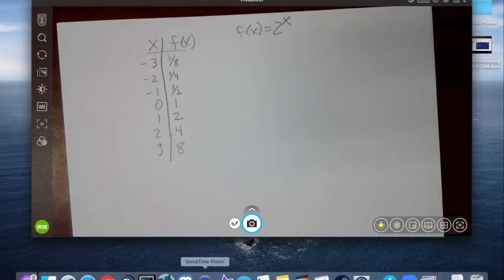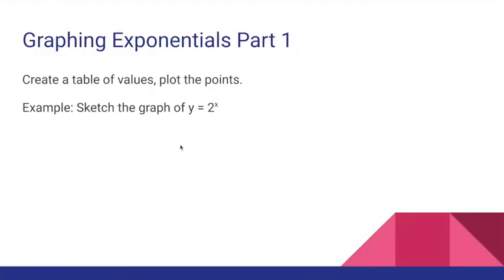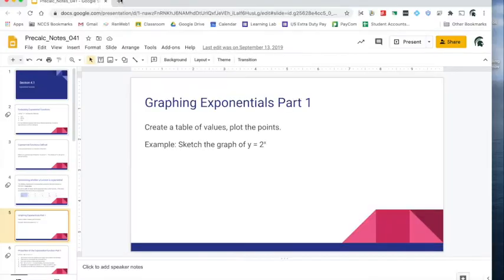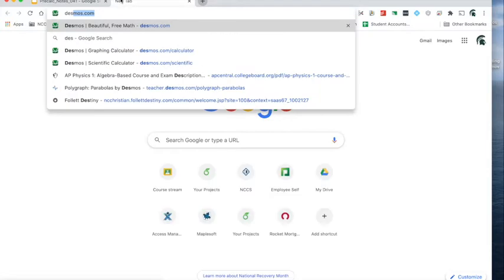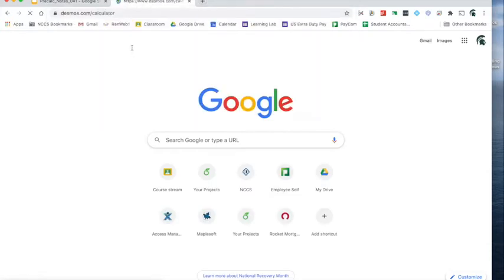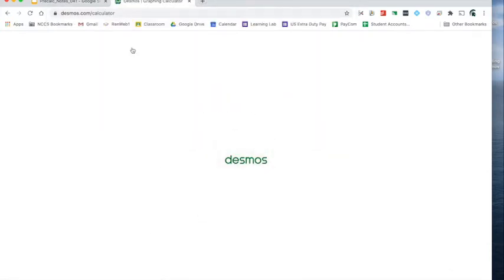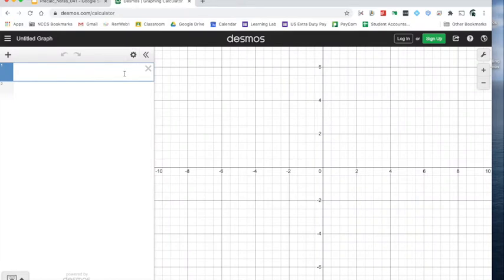So what I'd like to do now is, because the graph will just be better, let's go to Desmos and plot these points. So we had -3, 1/8.